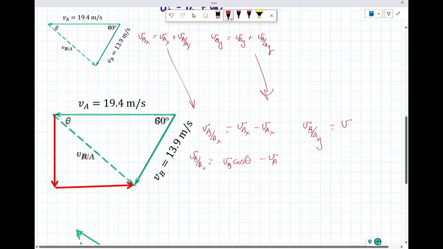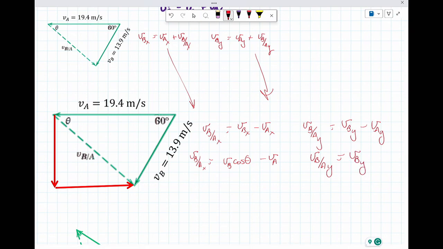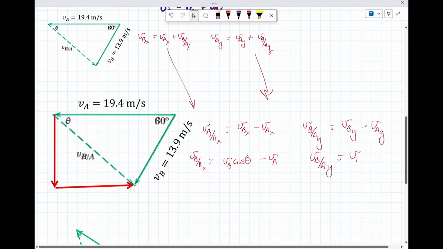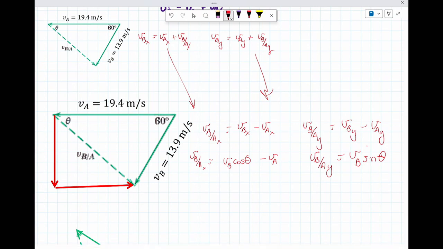Same thing. Velocity of By, or B with respect to A in the y direction, is just going to be the y component velocity of B, because the y component velocity of A is equal to 0.